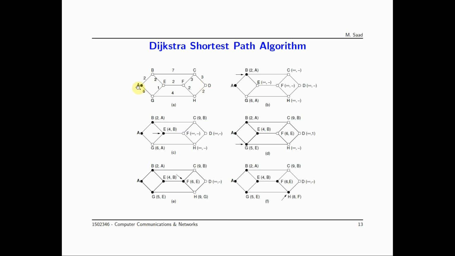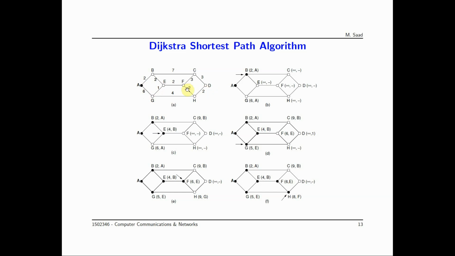As you notice, we have a lot of alternative paths. So this is one possibility here, A, B, C, D: 2 plus 7 plus 3. This is basically 10, 12, so the total distance of this path is 12. Another alternative path is from A to G to H to D, and the total distance is also 12. And maybe we have some other alternative paths.